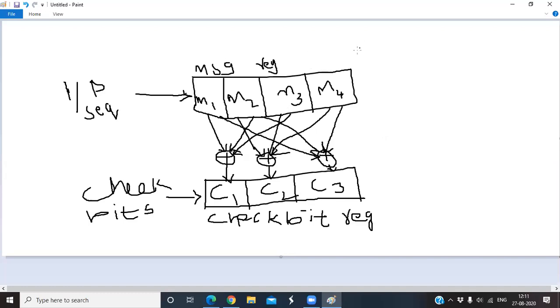Now, what is the use of the encoder? Why do you have to go for the linear block code? Already explained that: to detect and correct errors. How can it detect and correct the errors?